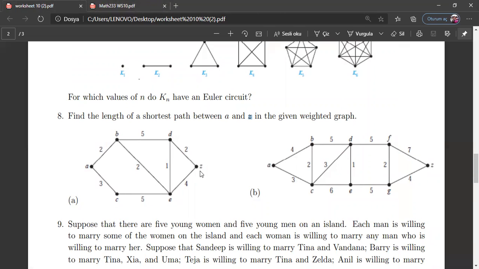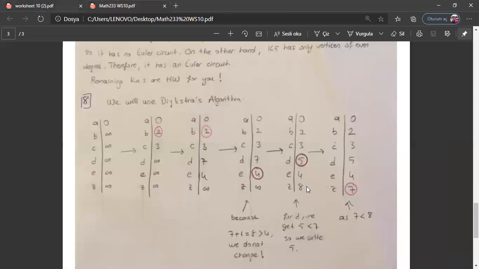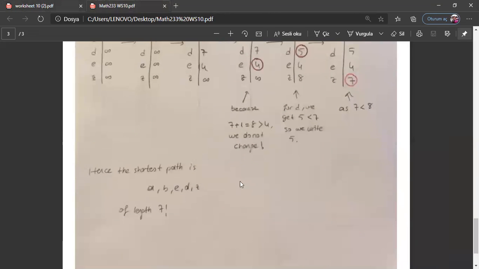Now from D, if we go to Z, because they are connected, we have 7, which is less than 8. So we write 7 there. 7 is less than 8, and this is the final number. Then from A to Z, we can go using these vertices, and the length or the weight is 7.